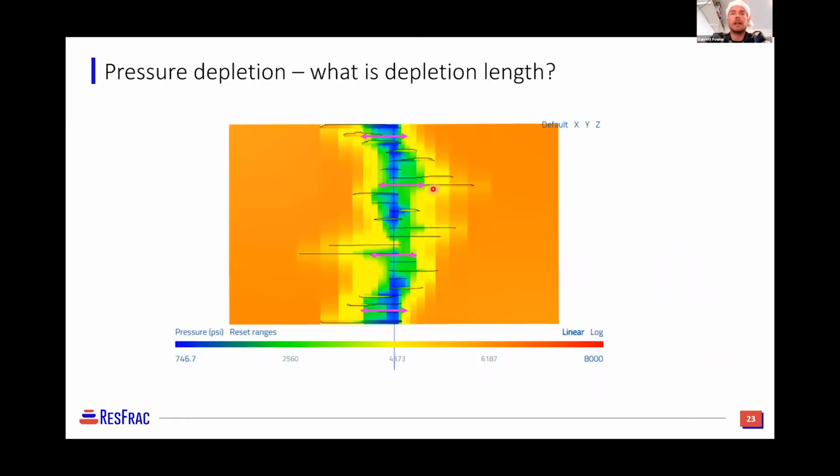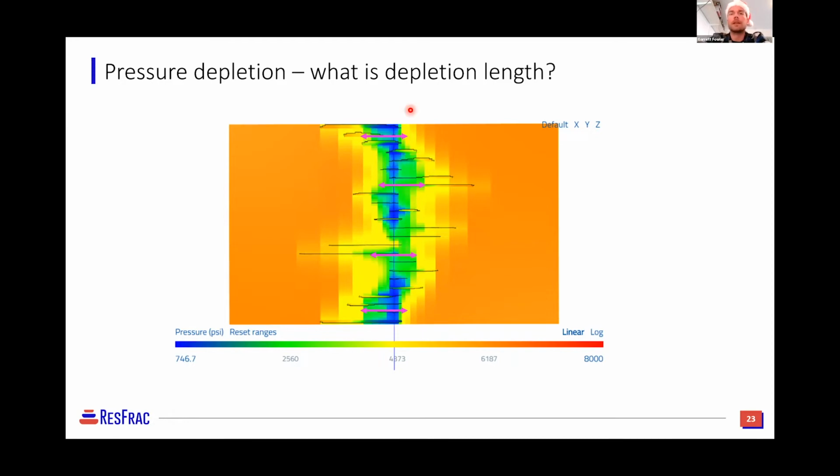I also like to look at pressure distribution in a 3D plot. And as I said at the beginning, that lower velocity per fracture can actually curtail prop length, which would then curtail the depletion length of a fracture.